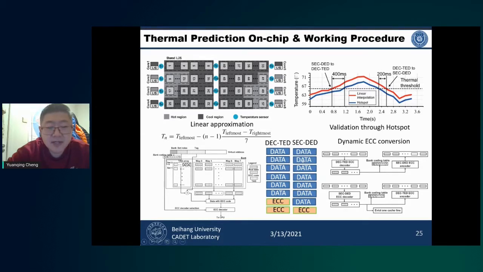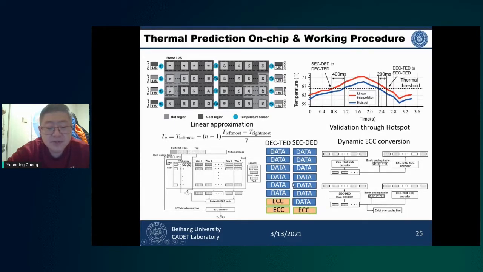Because this is a weak ECC scheme, it only occupies one cache line in a cache set. In this case, we assume that our cache set has 8 cache lines, and among the 8 cache lines, 7 of them store useful data, and the last one stores the ECC code.